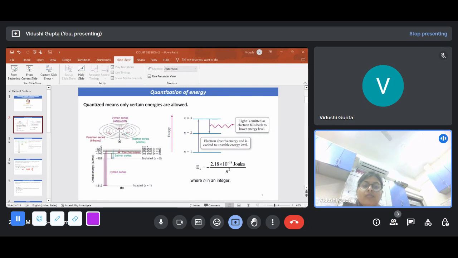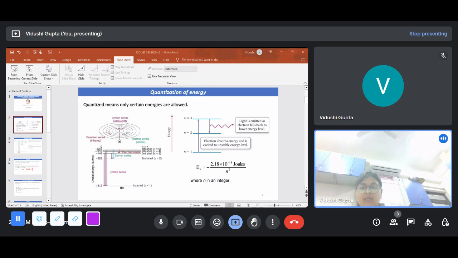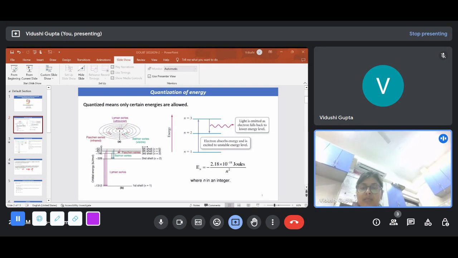So by this formula also you can calculate the number of spectral lines. But in this question it was visible lines, that's why the answer is 3. Just remember this formula to calculate the number of spectral lines.